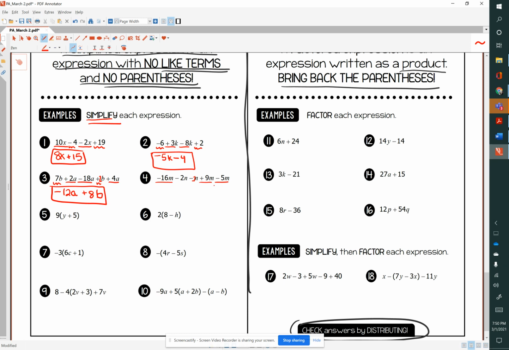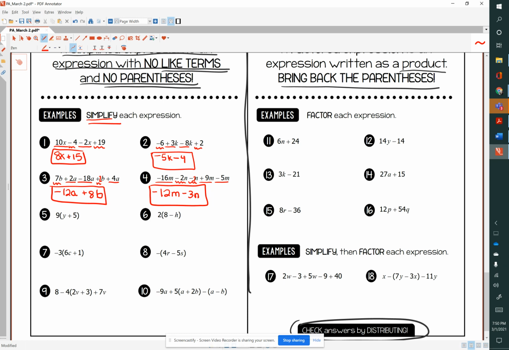Negative 21 plus 9 is negative 12. So we have negative 12m. Then we have negative 2n minus 1n. So that's minus 3n. Negative 12m minus 3n is our answer.